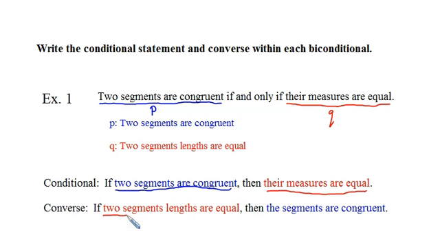And then we can take the converse by reversing that, Q then P. The converse is if two segment lengths are equal, then the segments are congruent. And the conditional was P implies Q, and then we just reverse those, Q implies P.